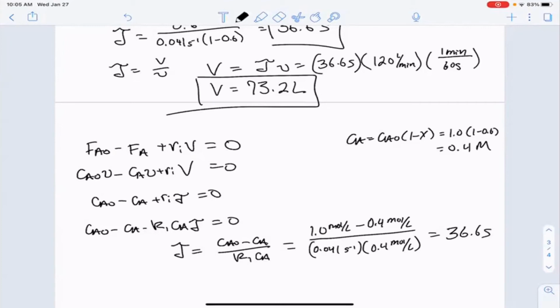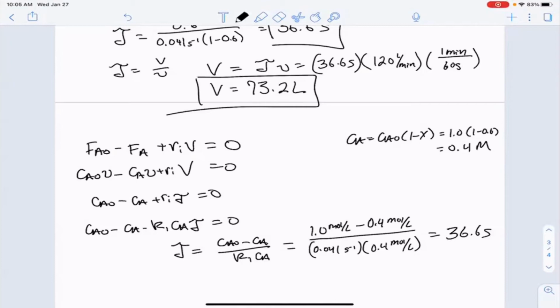We're just doing algebra right now, as opposed to when we were doing batch reactors, and then later this semester when we'll do plug flow reactors and packed bed reactors, you're solving differential equations. So that is another nice thing about CSTRs, is that the solutions tend to be a little bit more straightforward to get to.